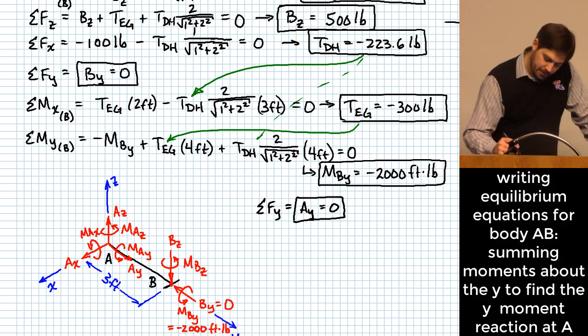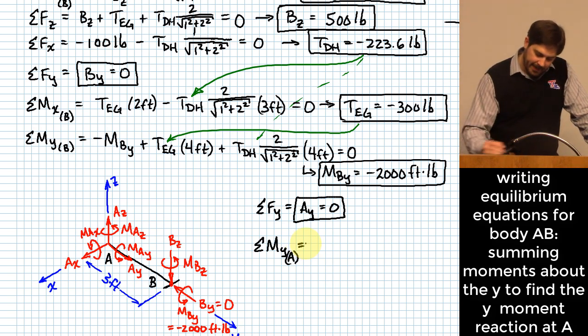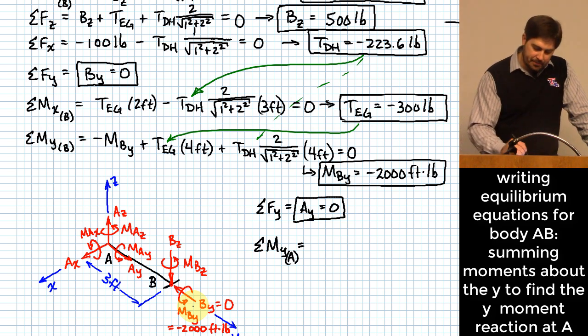Why don't I go ahead and just do that equation real quick. Sum of moments around the y-axis passing through A and B, but I'll just say A. For that I have what? It would be positive according to the direction my arrow is shown, but the value itself was negative.